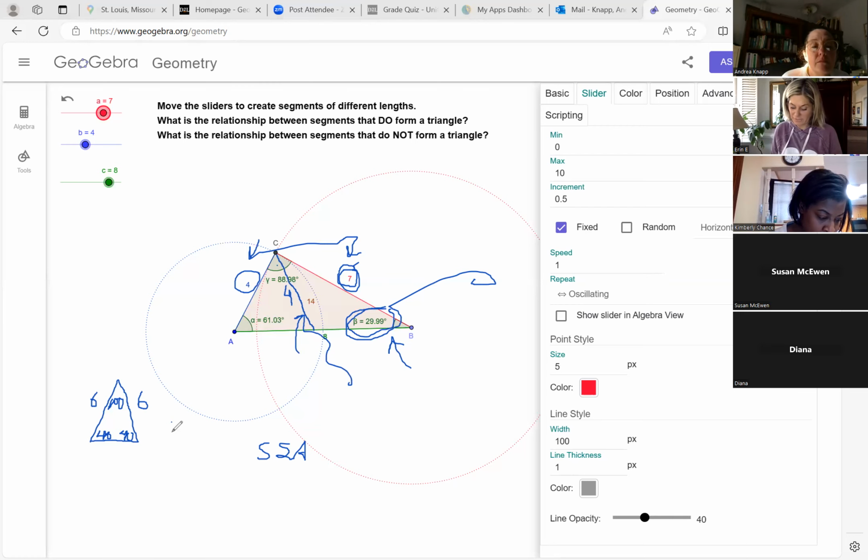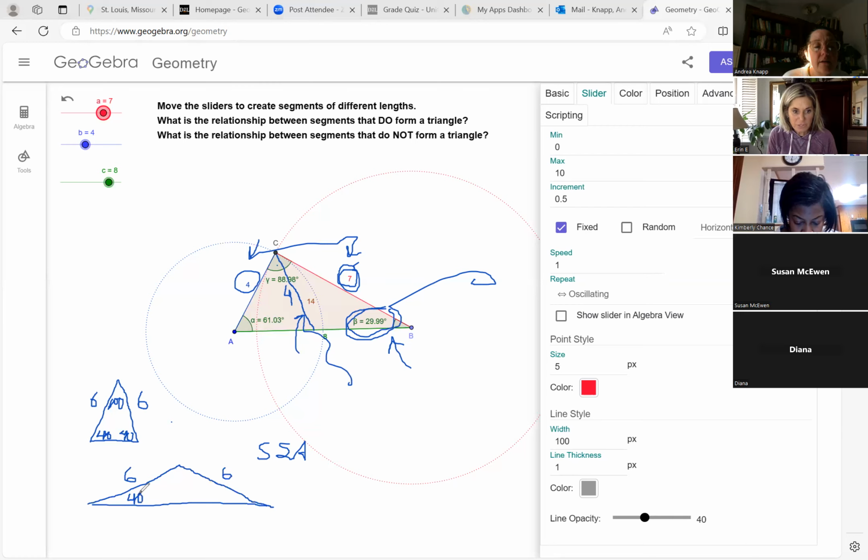Okay, I had written that one off. I'm glad we went over that one because I wouldn't have understood. If I draw it, I can draw it better now that I know that angle is 100 degrees from doing the calculation. So we've got 6, 6, and 40 right here.